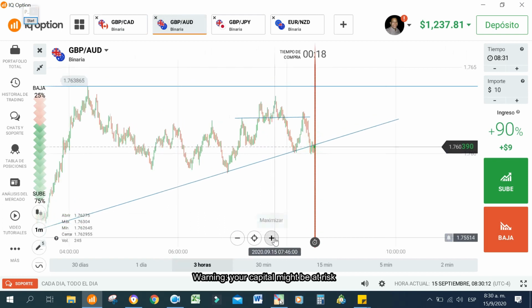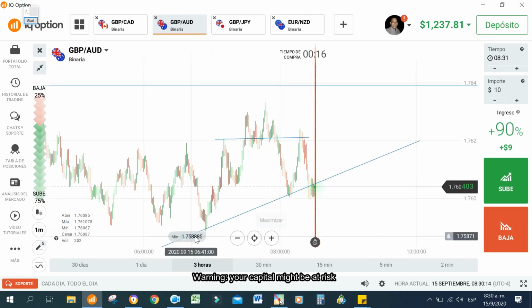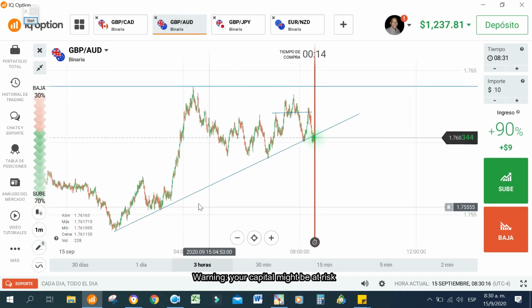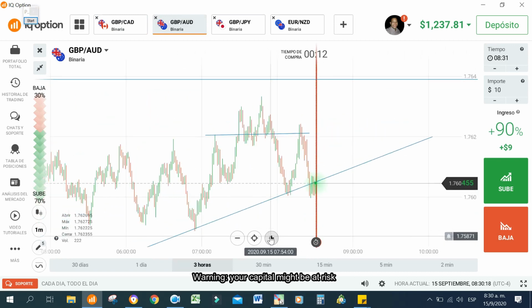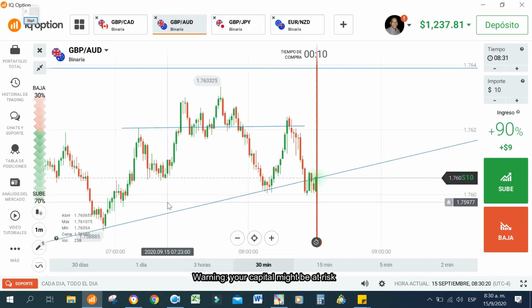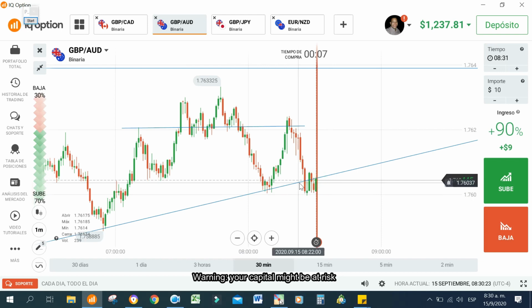This is another one, this is another pair. We can see here also a trend line. The price is bouncing through this trend line, so let's wait.